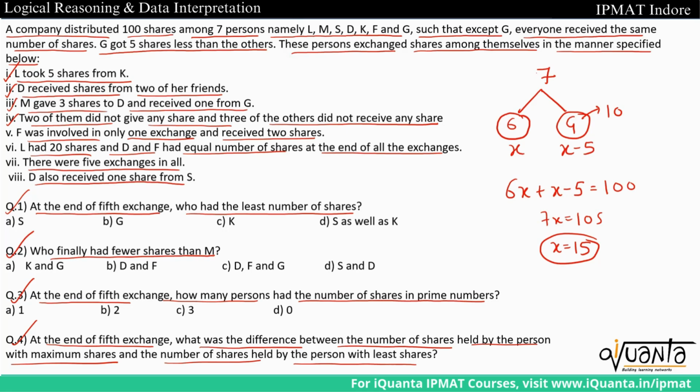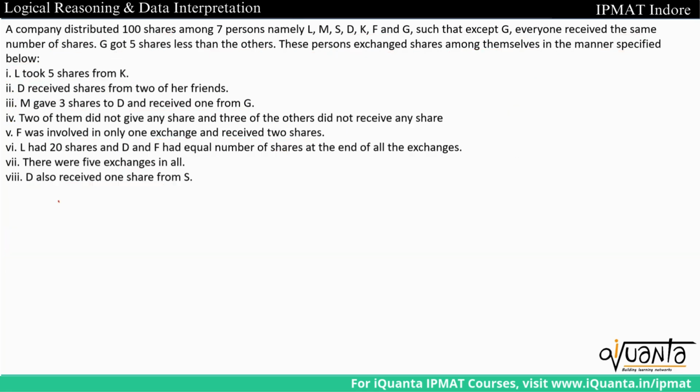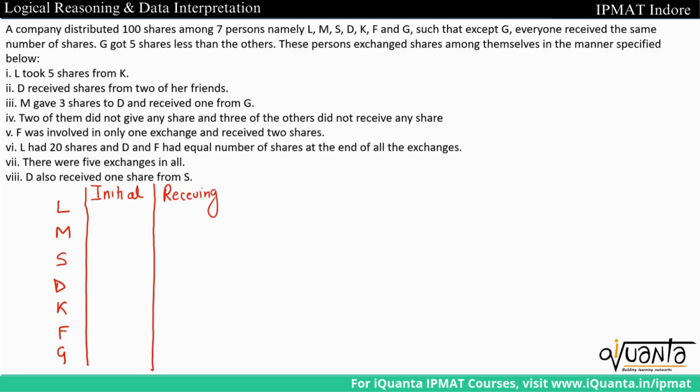We'll form such a table. So we have L, M, S, D, K, F and G. These are the people. Now we have to take into account their initial number of shares, then the shares that they are receiving and the number of shares that they are giving, and at last we have to take care of the final number of shares that they are having.